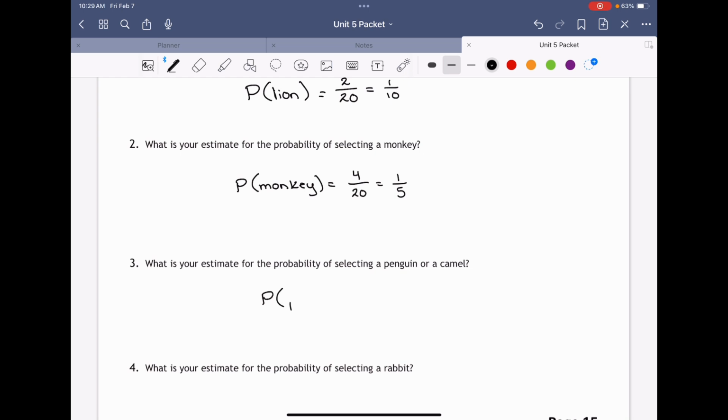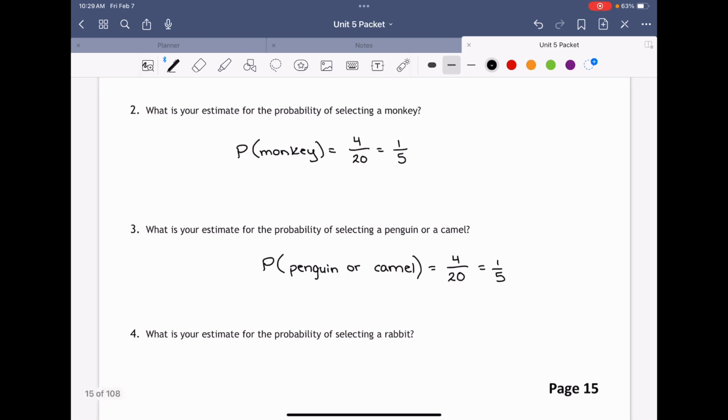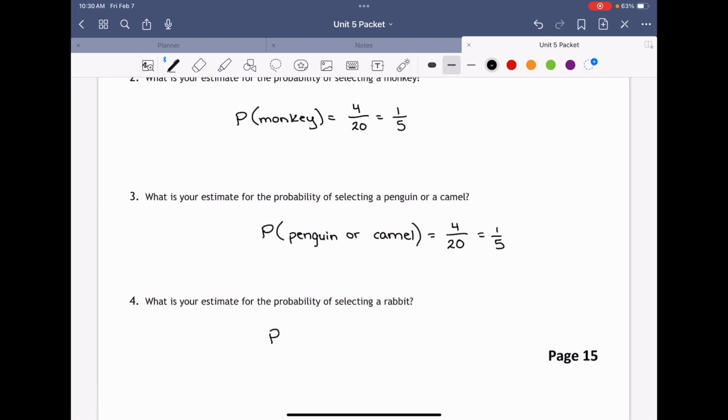Probability of a penguin or a camel, so we're going to add up all of those trials. So 4 out of 20, or 1/5 again. And the probability of a rabbit. Well, there were no rabbits taken out of the jar, so that would be 0 out of 20, a probability of 0.